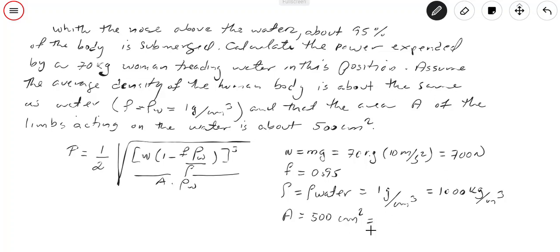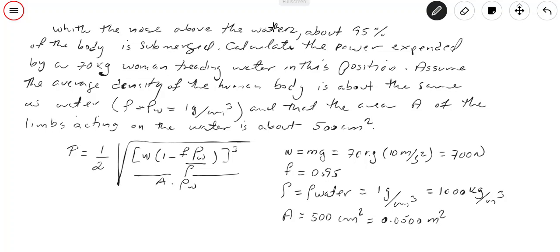To convert centimeters square to meters square, remember that each meter square has 10 to the 4 centimeters square, or in 1 centimeter square we have 10 to the negative 4 meters square. So we divide by 10,000 and we get 0.0500 meters square, and that would be the area of the limbs.